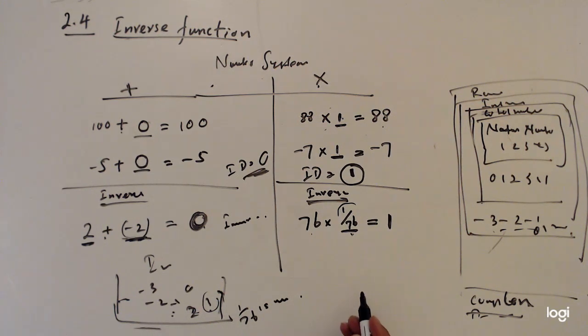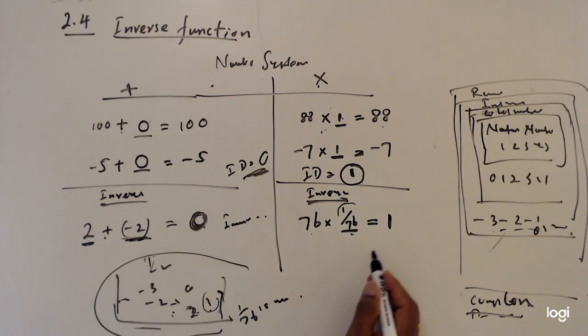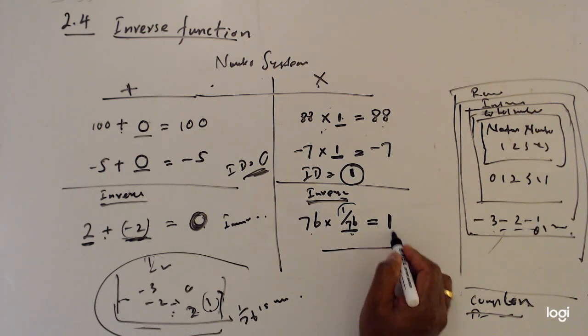So under multiplication, for integers there is no inverse.